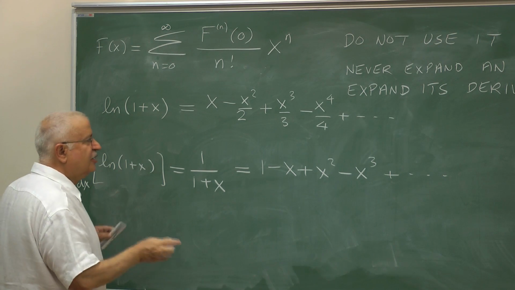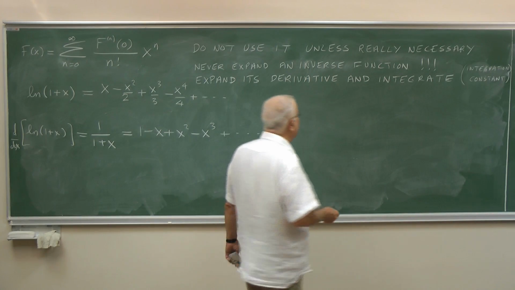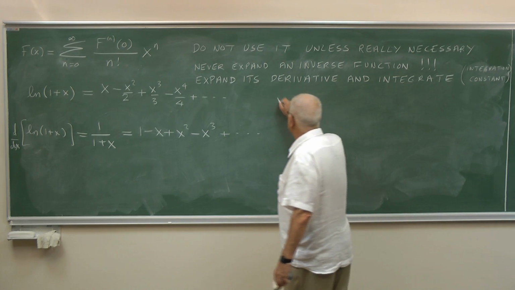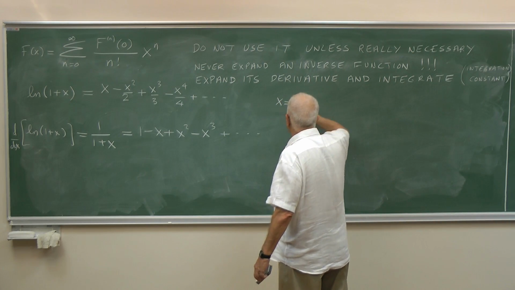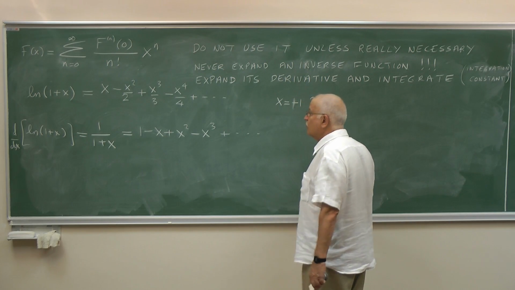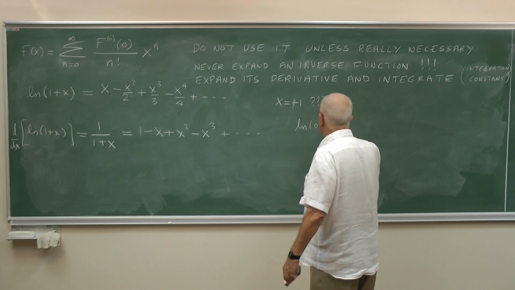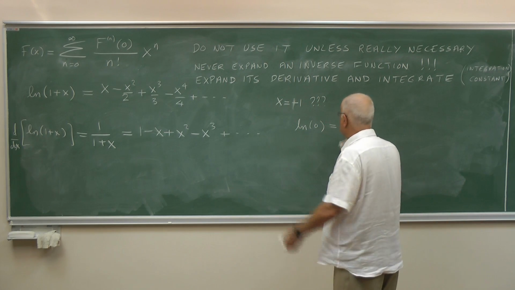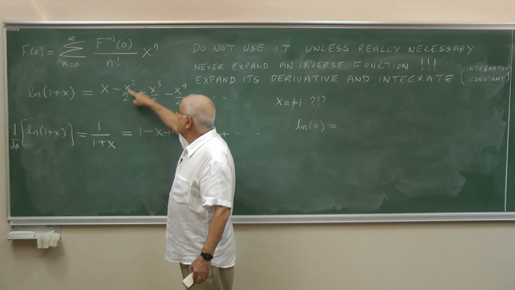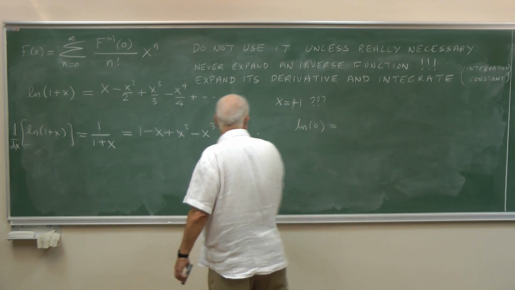Now here, let me digress a little bit. Let me take the value x equals to minus 1. What happens then? Well, I'll have ln 0 equals minus 1 minus 1 over 2, minus 1 over 3, minus 1 over 4.